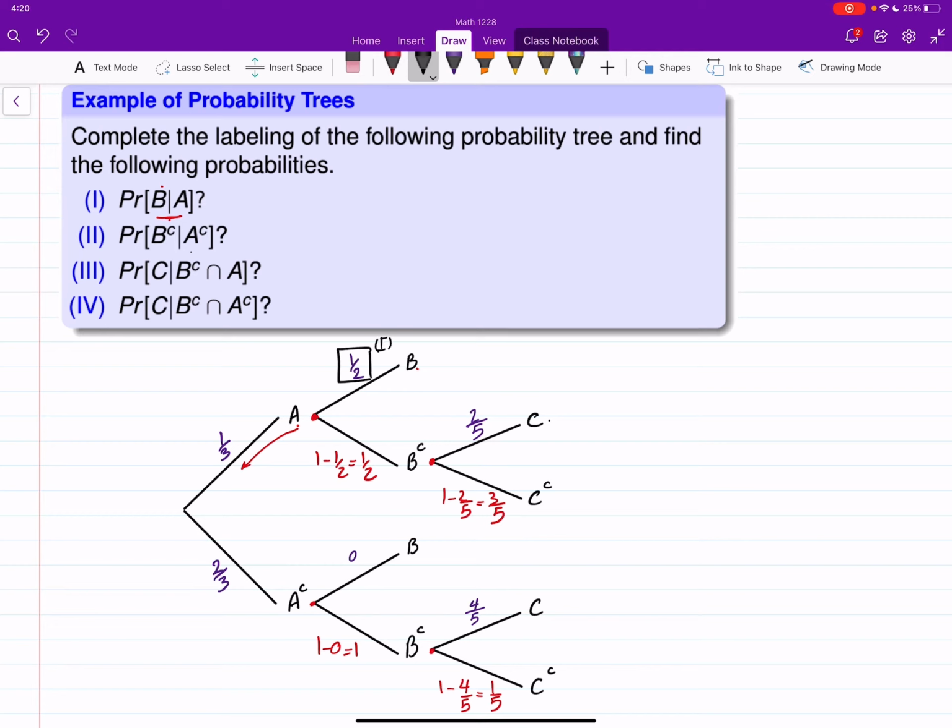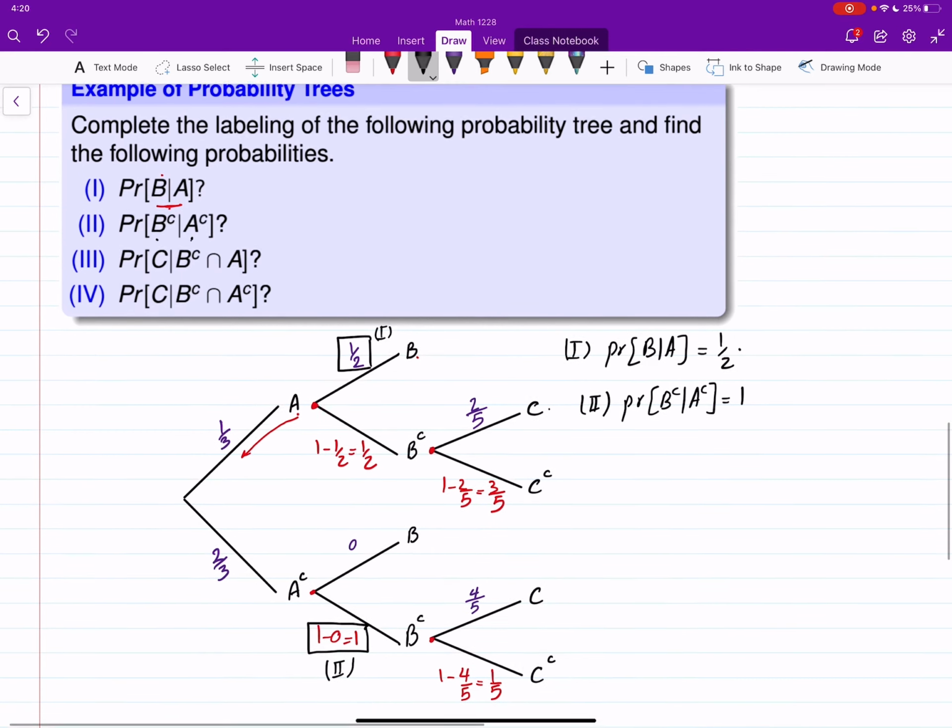So the probability of B knowing A is 1/2. How about the probability of B complement knowing A complement, the endpoint B complement, the starting point A complement? That will tell me that this edge is here. So the endpoint B complement, starting point A complement, that is number 2. The probability of B complement knowing A complement is the number on that edge, which is 1.